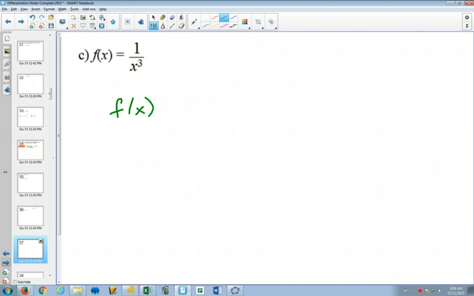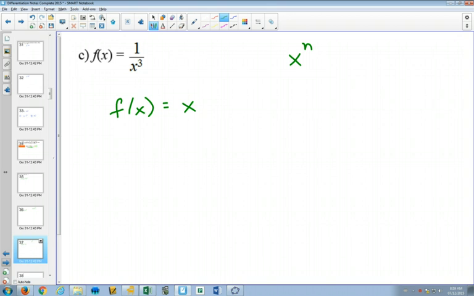Now, there's going to be times, like in this one, where you're going to have to take a little bit extra time before you do the derivative. Because the power rule worked when we had something x to the n. We don't have something x to the n here. We have 1 over that. But if we have an exponent rule that lets us change this to x to the something, that's going to help us. How could I write 1 over x cubed as x to the something?